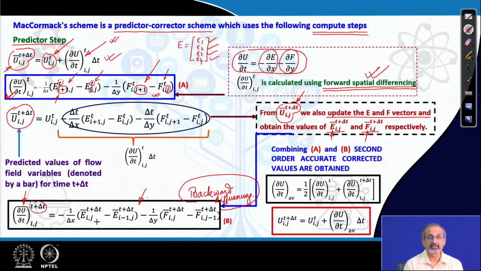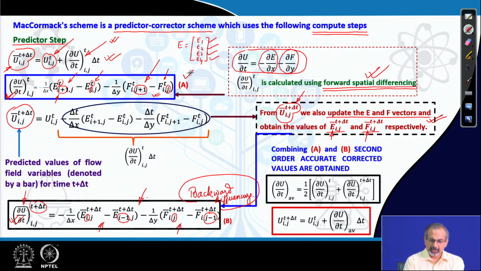So we are differencing the other way: (i, j) minus (i minus 1, j), and (i, j) minus (i, j minus 1). Notice the directions: both along x and y we are using backward directions. Remember that this step is very important to get the E bar and F bar values, because those are the ones used here for the differencing.